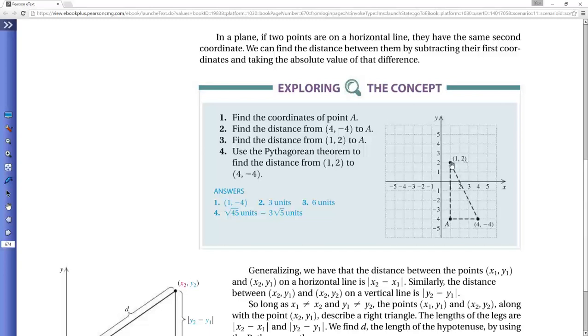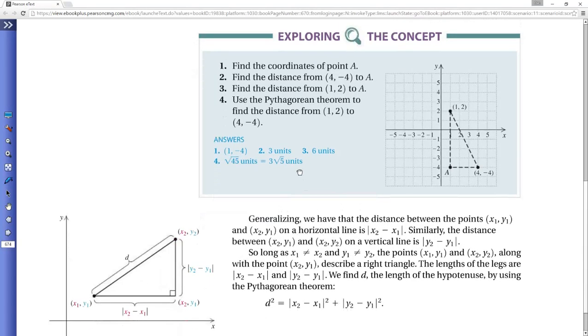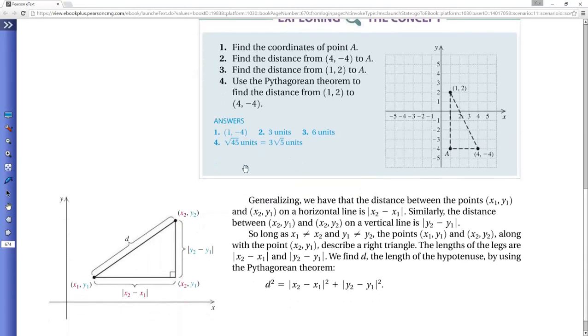So I know that the distance between this point and this point A that I created a right triangle with, or this longer leg of this right triangle, is 2 minus negative 4 or 6. The distance between this point and this point is, well, it's at 1 here is that position, and over here it's at 4, so 1 minus 4, which is 3. Okay, that's what they're telling us here, they're answering those questions.